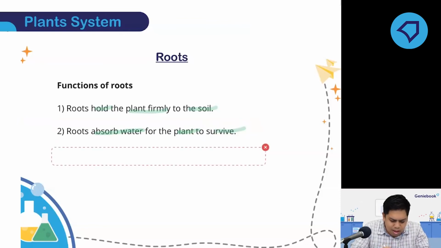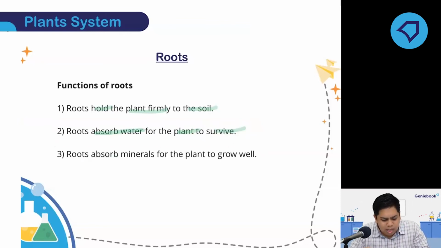Let me go to the third point, which is to absorb minerals for the plant to grow well. Some students might be wondering, Mr. Luqman, what are minerals actually? How do they help plants to grow well? Basically, minerals are nutrients, good substances for the plants to grow well, just like vitamins for us.